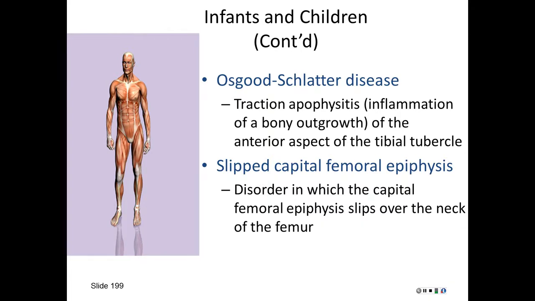The treatment of this is going to be some NSAIDs and rest. 2 weeks of rest or 3 weeks of rest. And to a gymnast, that's going to seem like an eternity, but rest is what's going to help this more than anything. The other people that get Osgood-Schlatter's disease are people that do tiling and flooring, they're on their knees a lot.